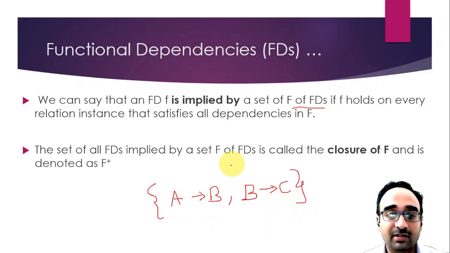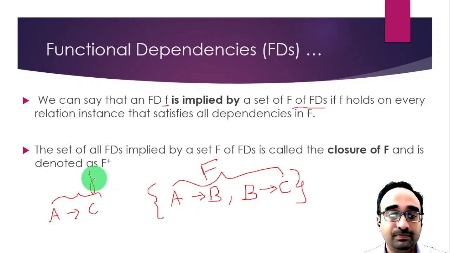Okay, so if you are given the set F, capital F, a set of FDs, then you can say a functional dependency small f, for example, A to C, is implied by this capital F only when it holds true for a relation instance where this entire set of FDs holds true.